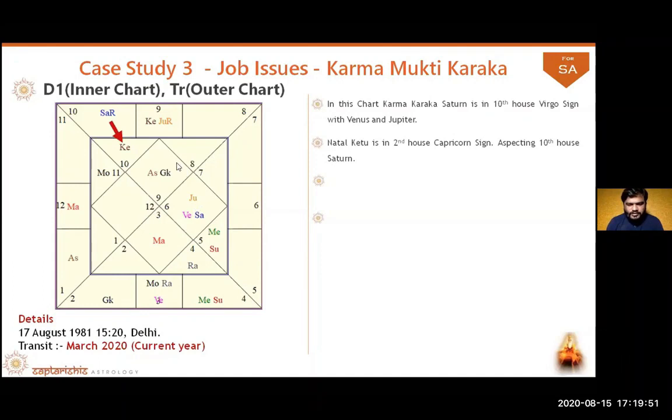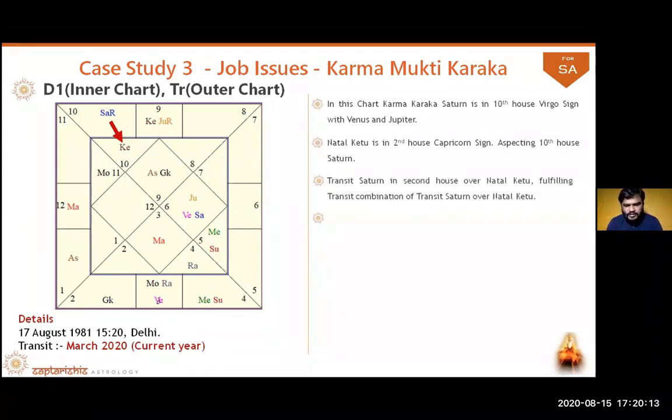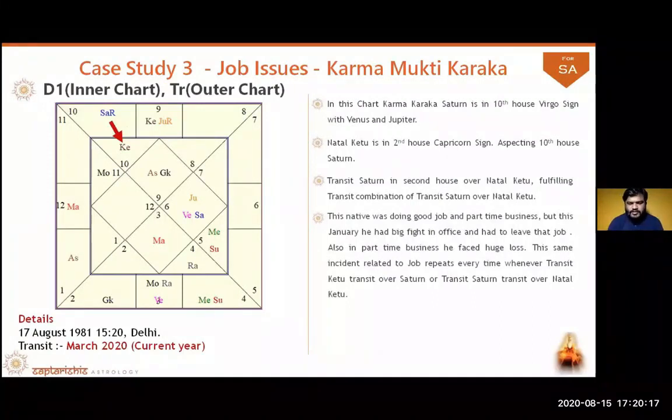Now the transit of Saturn: Saturn is right now in Makara Rashi, Capricorn, and for this native, Ketu is in Capricorn sign. It means Saturn transits over the natal Ketu. We can see a Karma Mukti Karaka kind of combination in this chart. Now you can see the result.